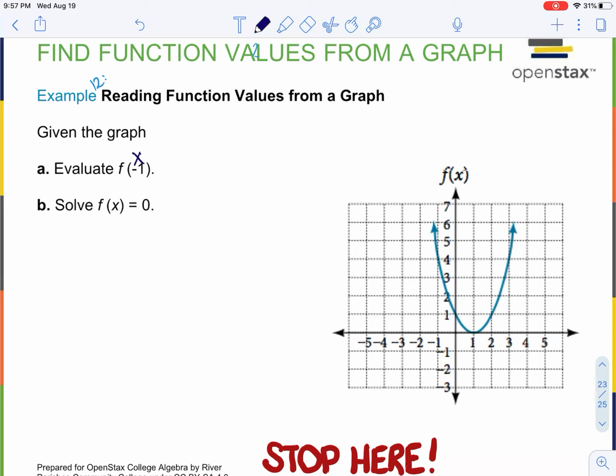Here they're saying x equals -1, so they're asking what the y equals. When x is -1, the y looks like 4. When x is -1, y is 4.